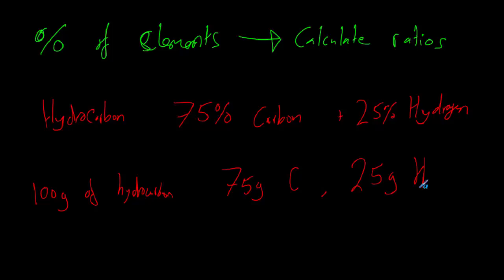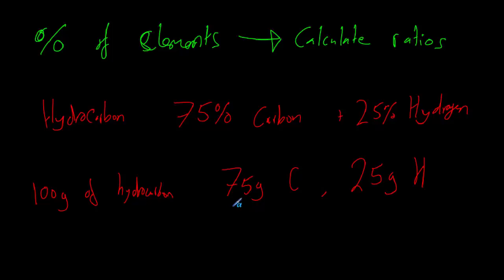And so that means that we can disregard their mass. At the moment we've only got 75 grams and 25 grams, and that doesn't really tell us too much. So 1 mole of carbon weighs 12 grams. And so if we had 12 grams here, we would divide it by 12, and that would give us our 1 mole.